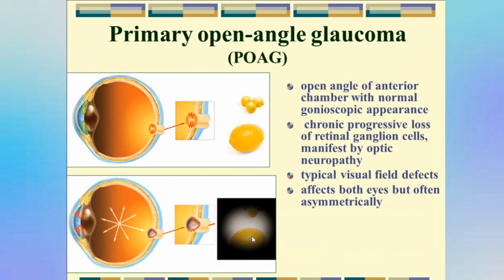Open-angle glaucoma is characterized by an open angle of the anterior chamber with normal gonioscopic appearance, chronic progressive loss of retinal ganglion cells manifesting as optic neuropathy, and typical visual field defects. Usually this glaucoma affects both eyes, but rather often asymmetrically.